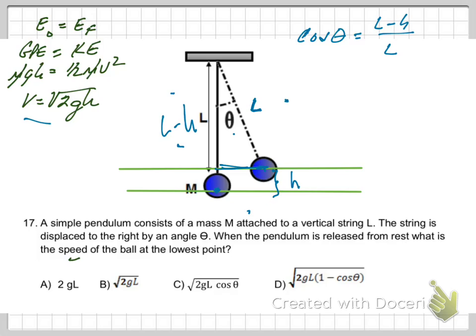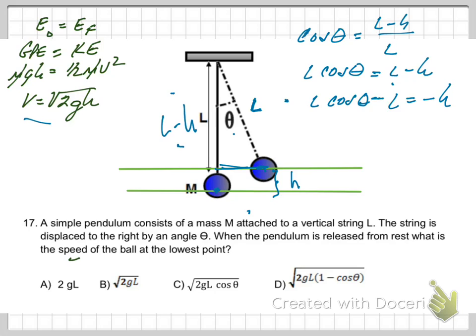So we can multiply both sides by L, and we would have L cosine theta equals L minus h. We can subtract the L from this side, and we have L cosine theta minus L equals negative h.